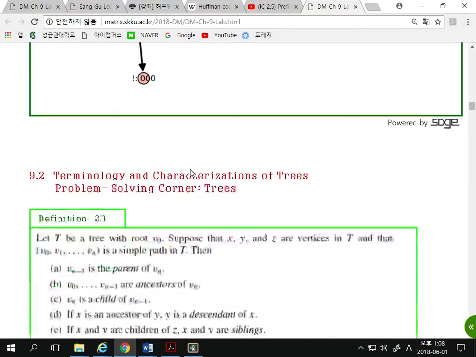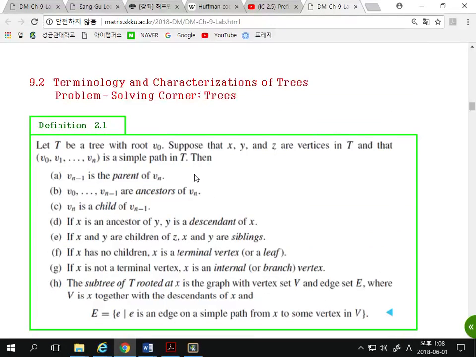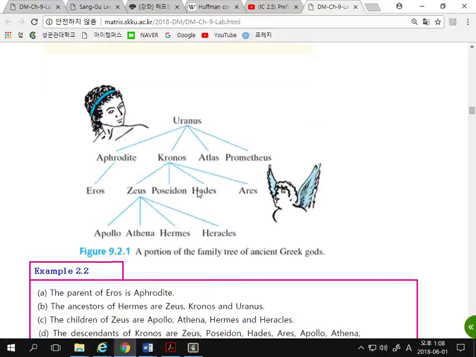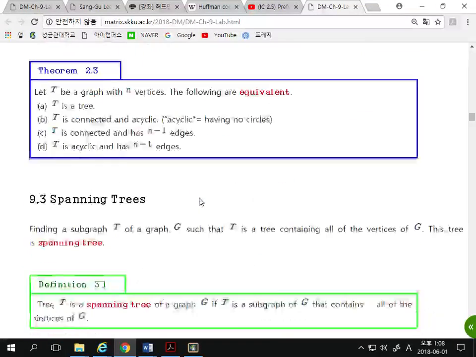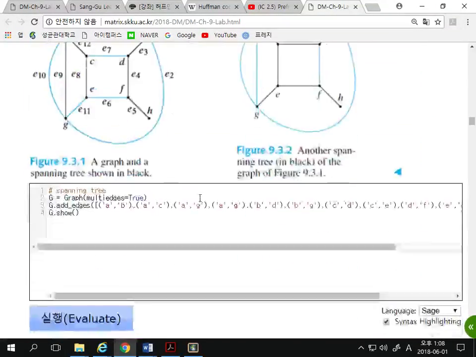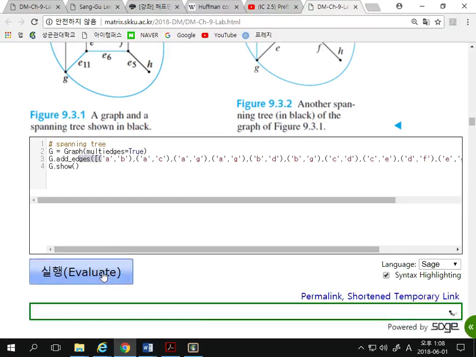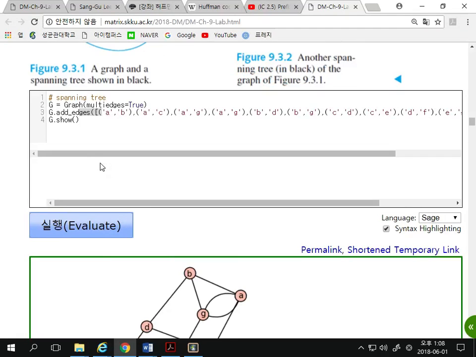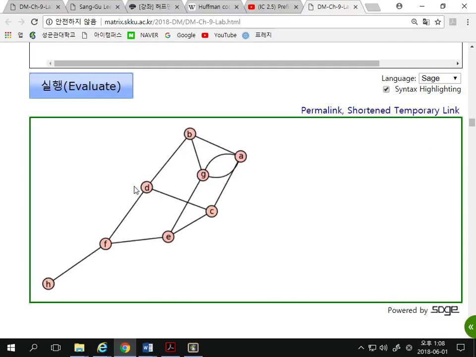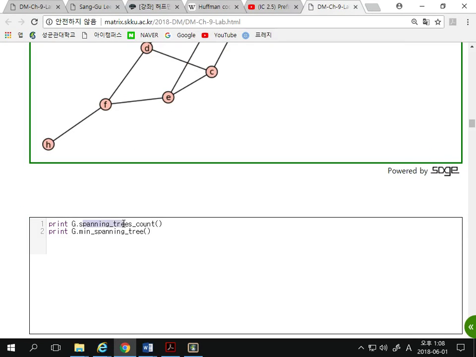This Huffman code can be used like this, and subtrees, ancestors, descendants, spanning trees, and here also multiple edges. We can draw the graph here. From here we can find the spanning trees of this given graph, and we can find the minimal spanning tree.